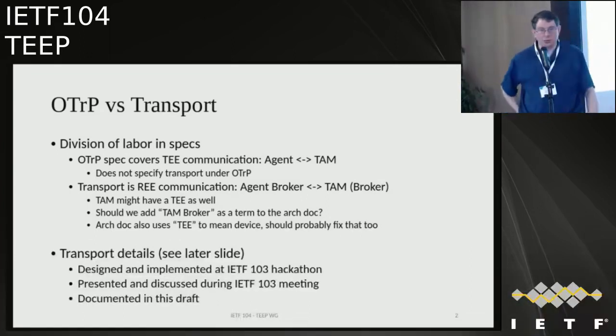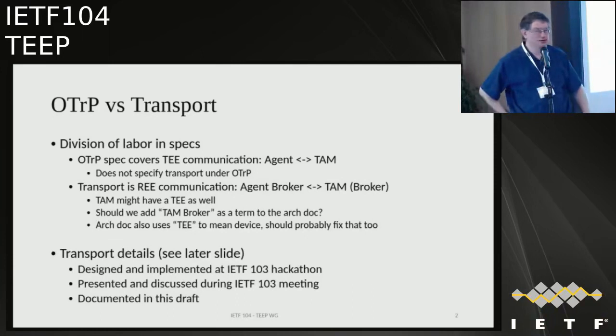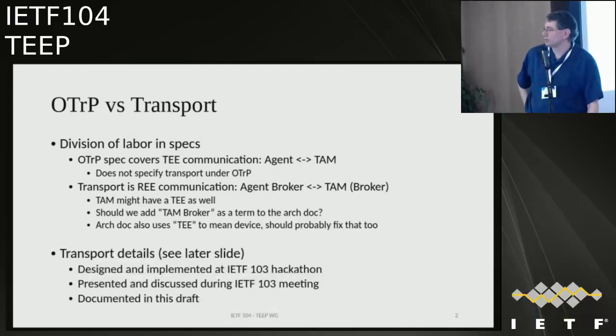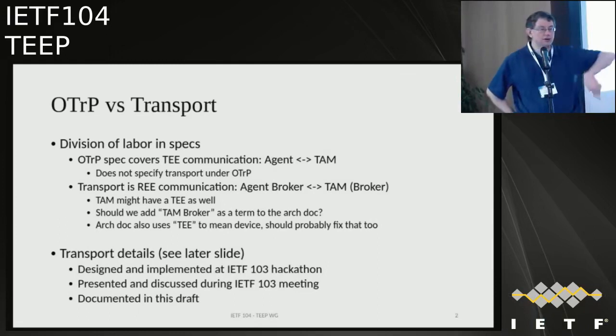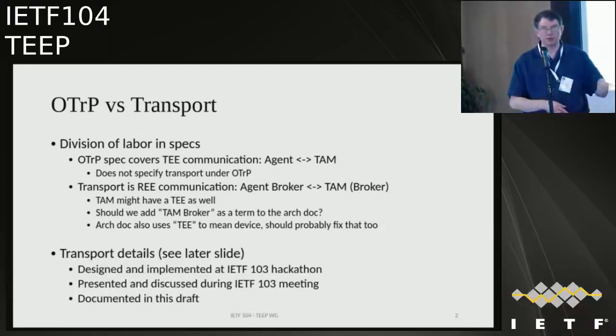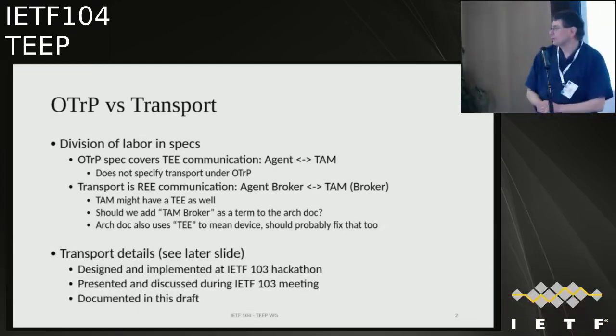The transport is outside the TEE, which the architecture document calls the broker. The OTRP spec is something that the agent can claim compliance to. This spec is one that the broker could claim compliance to. So there's a division of labor between different components and what they comply to. That's supposed to be a clean layering.